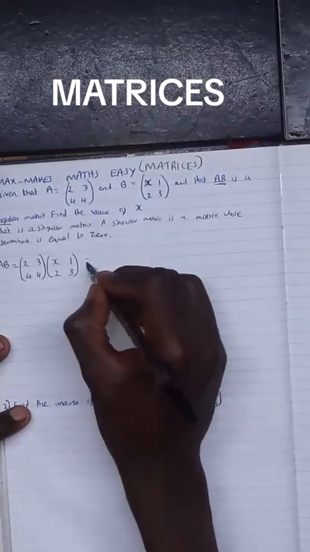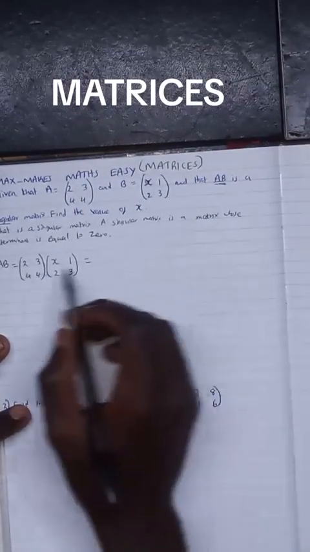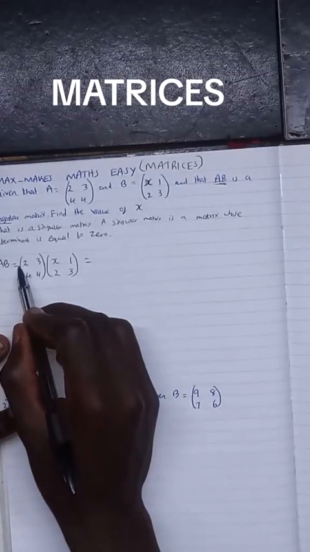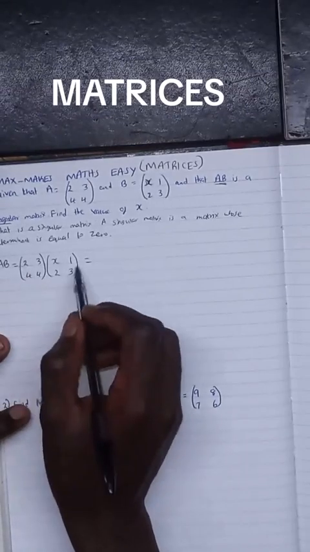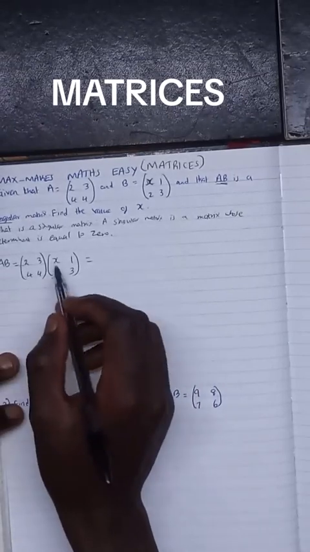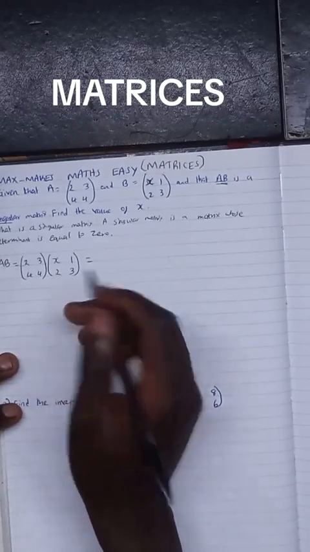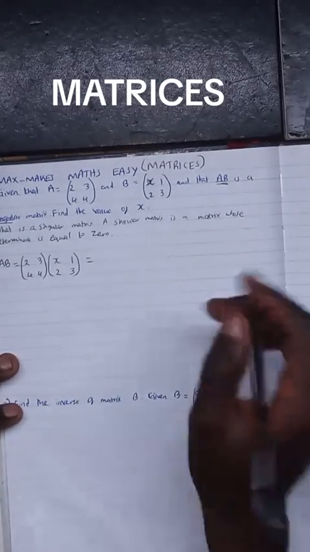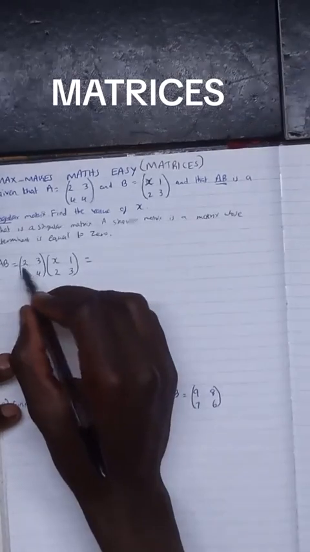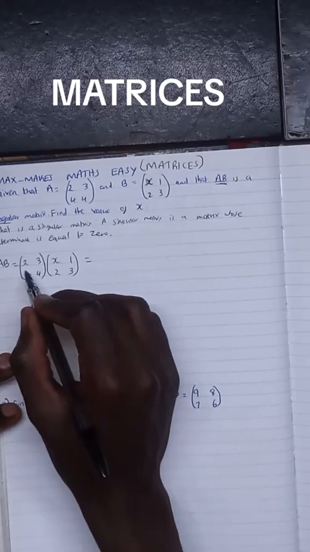So AB, remember, in multiplying matrices, we multiply each row by each column. We are going to start with row 1 and column 1. Multiplication of matrices involves even addition. So let's start multiplying.